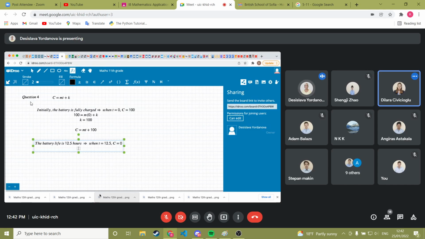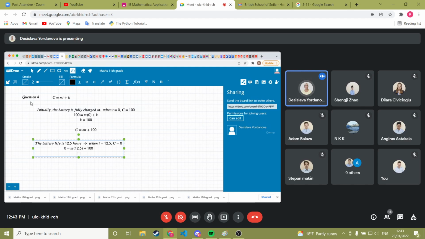So now we substitute these two into the last equation we found. So 0 equals m times 12.5 plus 100. That's how you find the value of m.